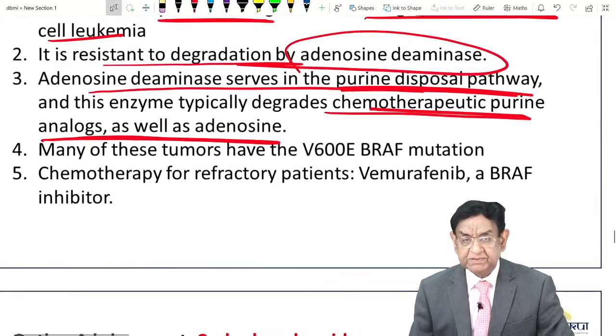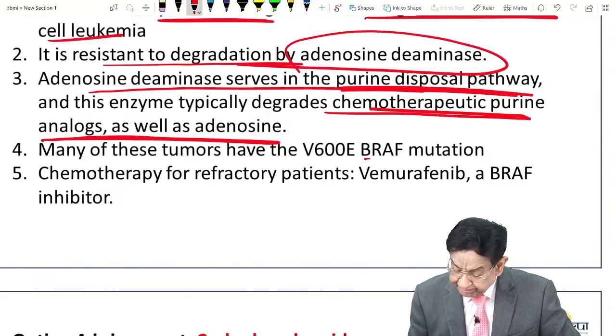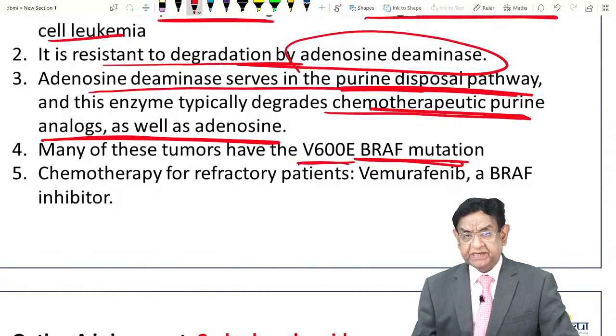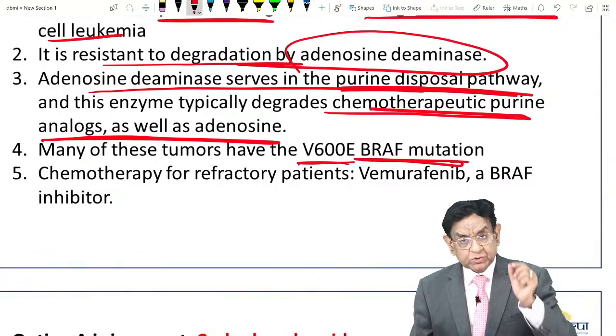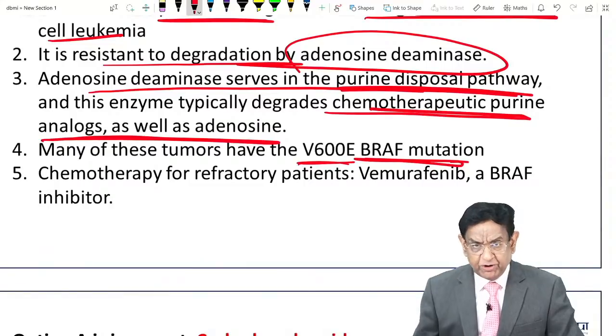Now, extra point, genetics. Some of these hairy cell leukemias have a BRAF mutation, that is V600E. Let's talk more genetics. Of course, cladribine is a wonderful drug for the majority of patients of HCL. They respond very well.